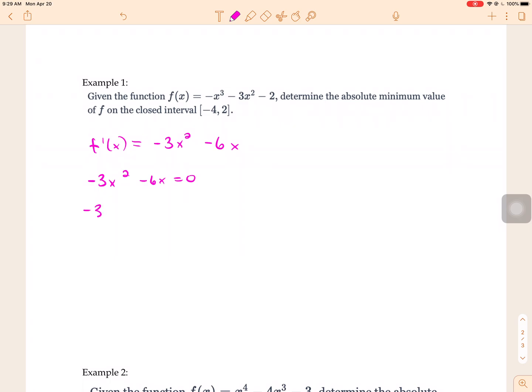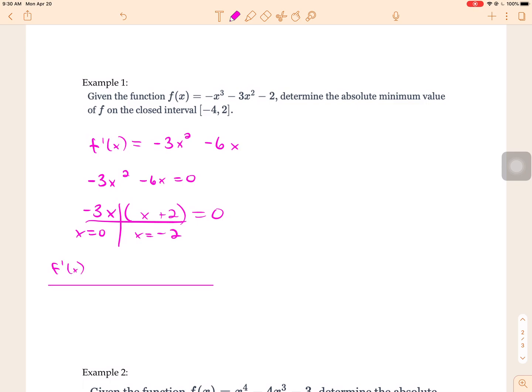So we get -3x, GCF. Let's see if that's right. -3x squared minus 6x. That's good. So we get when x equals 0 and when x equals -2. So now we have to do our first derivative test, and we're going to check the regions.